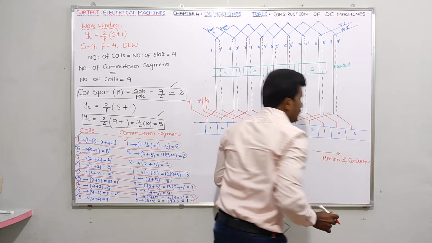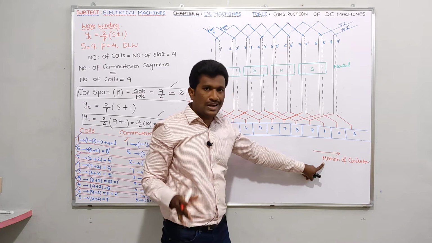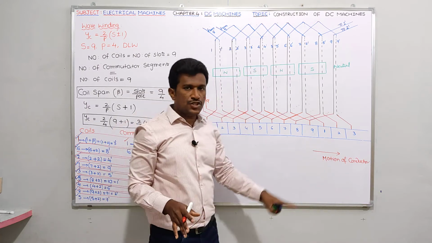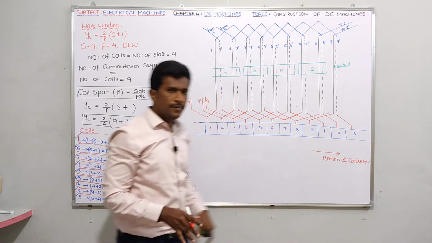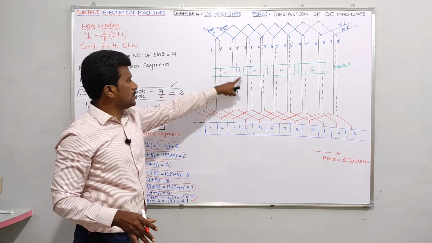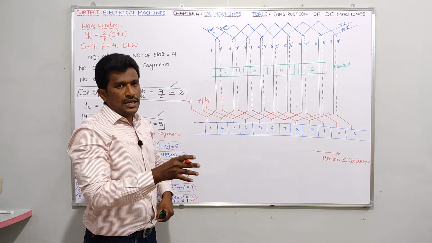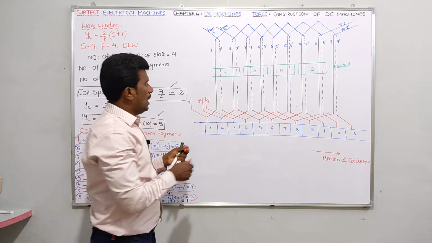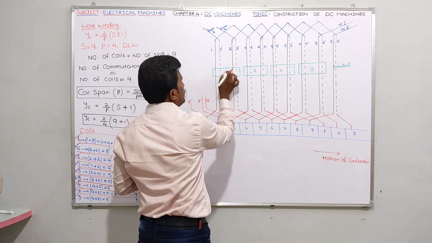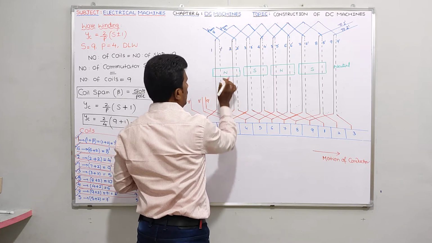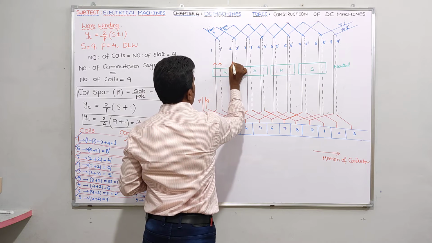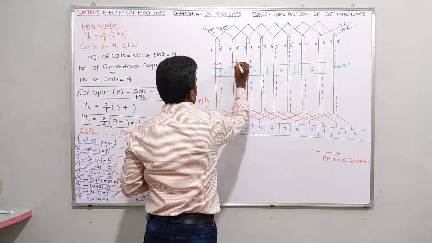I think in the last video also I had taken the same direction, for lap winding also. If you take the direction of motion of the conductor in this direction, and if you take the north pole and south pole like this, I clearly explained it. Please try to refer to that video. So whatever conductors are under the north pole, the direction of current will be upwards. Please refer to the previous video for knowing this direction.